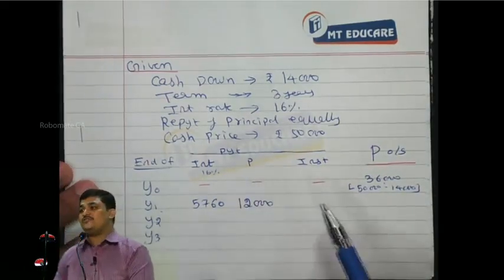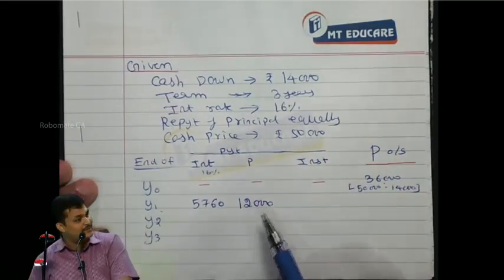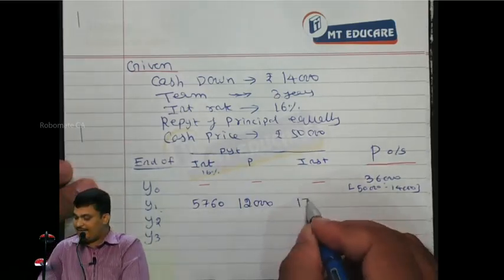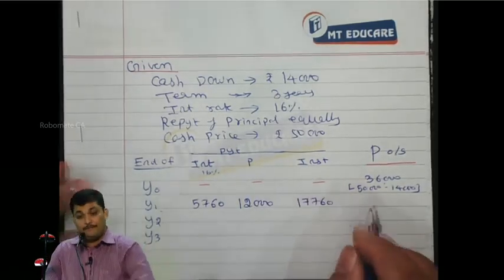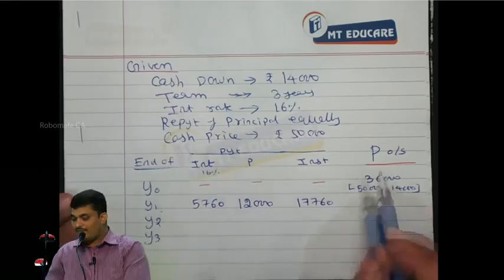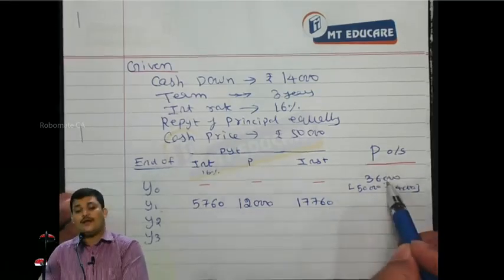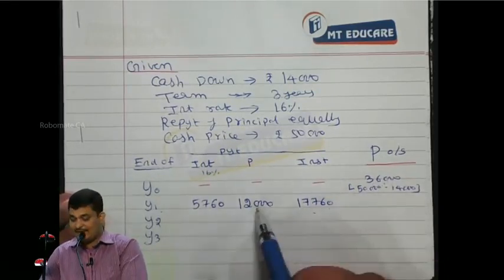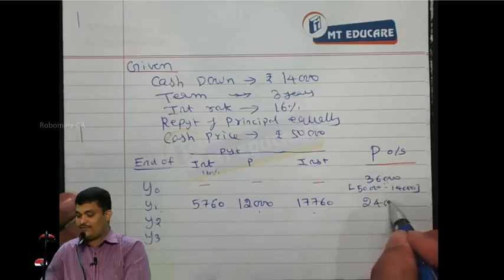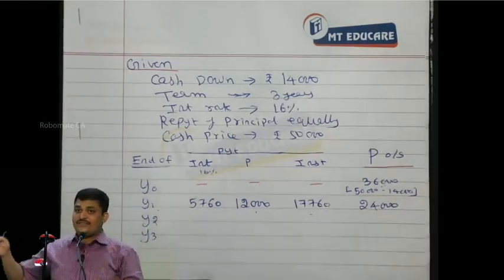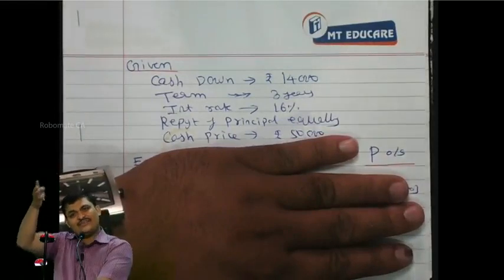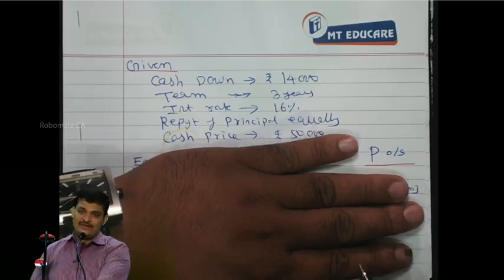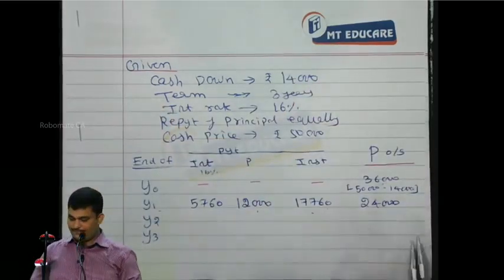So the first installment should be 12,000 rupees towards principal and 5760 towards interest, thereby 17,760 I will pay. After this transaction, the principal outstanding is not 36 minus 17,760, it is 36 minus 12,000, which is 24,000. Don't copy, try to understand the problems.